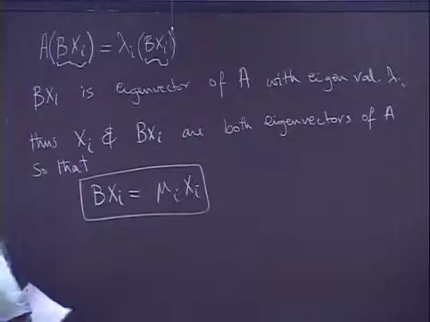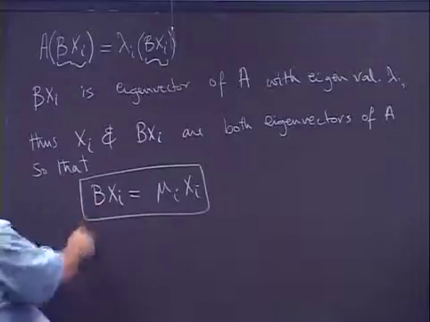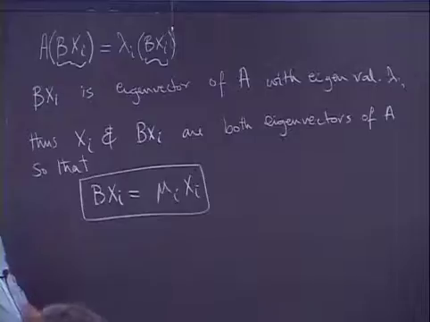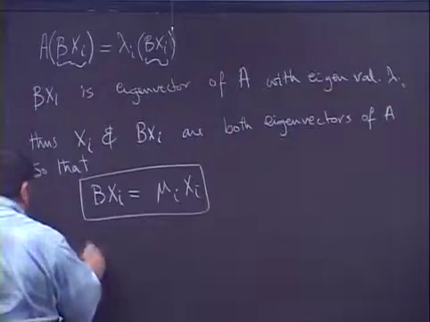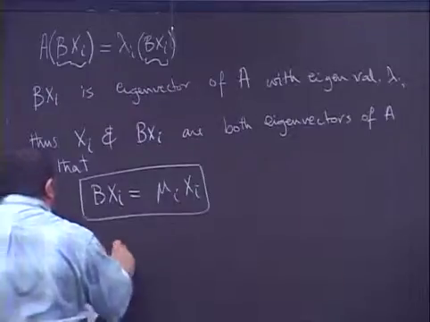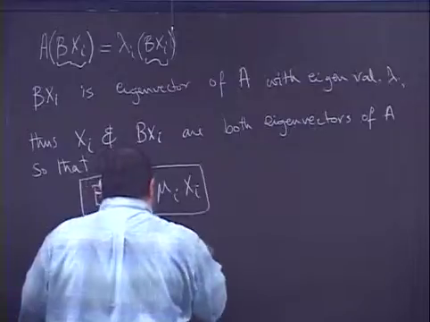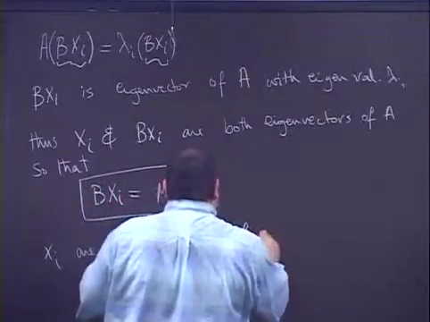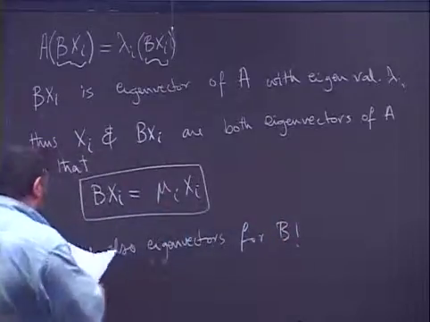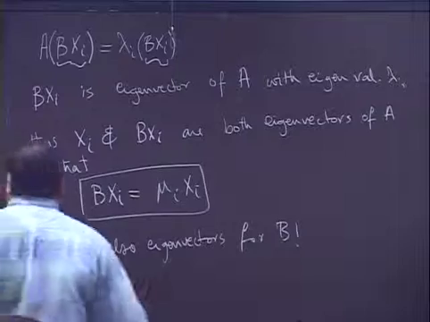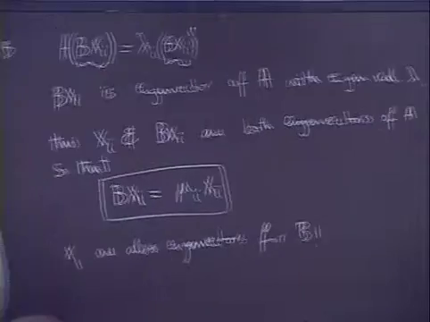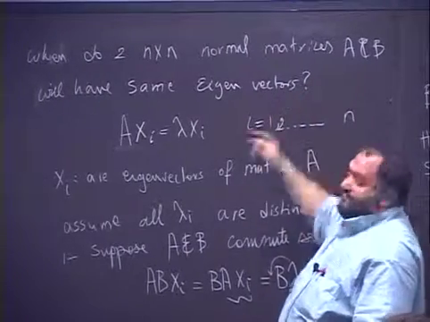So what does this say? For this equation, Xi is the eigenvector of B. So we proved that Xi is an eigenvector for A, and it is also an eigenvector for B. So when do two n by n normal matrices A and B have the same eigenvectors?